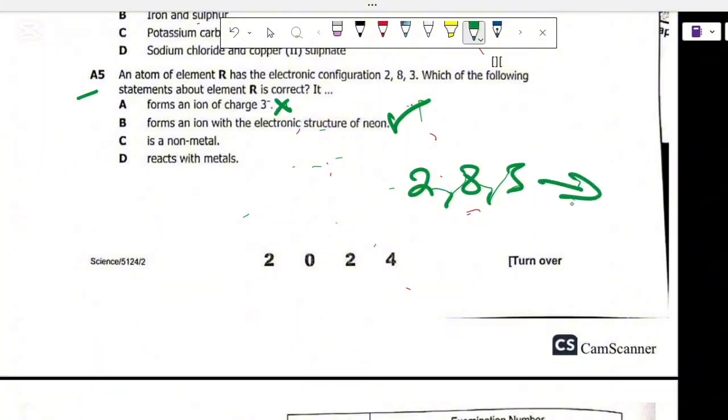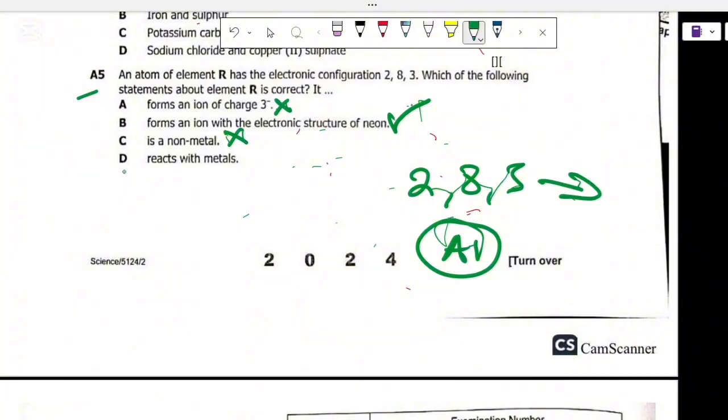Metals lose electrons, so this one is losing electrons. It should be a metal. In fact, it should be aluminium. If you look at the numbers here on the periodic table, the fact that it is losing electrons and forming positive ions shows that this is a metal and not a non-metal. So this is an incorrect answer.